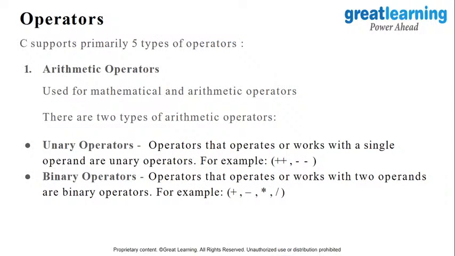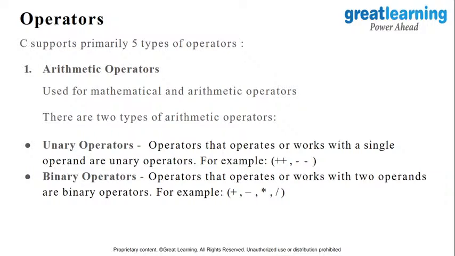Now let's go through operators. What are the operators that we have in C? Basically we have 5 major operators, the first being arithmetic operators. It is used for mathematical and arithmetic operations. There are 2 types of arithmetic operators, unary and binary. Unary means that you only have one operand.